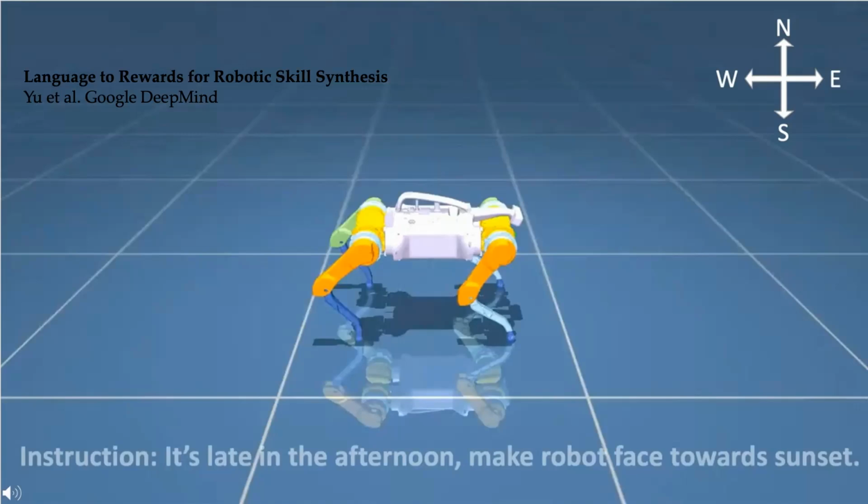It's not about fairness or versatility or these properties of negotiations. It is really about starting with very high-level, semantically meaningful language, like "it is late in the afternoon, make the robot face towards the sunset." Then you get your large language model to output the weights of a reward function, and then you can go and optimize that reward.